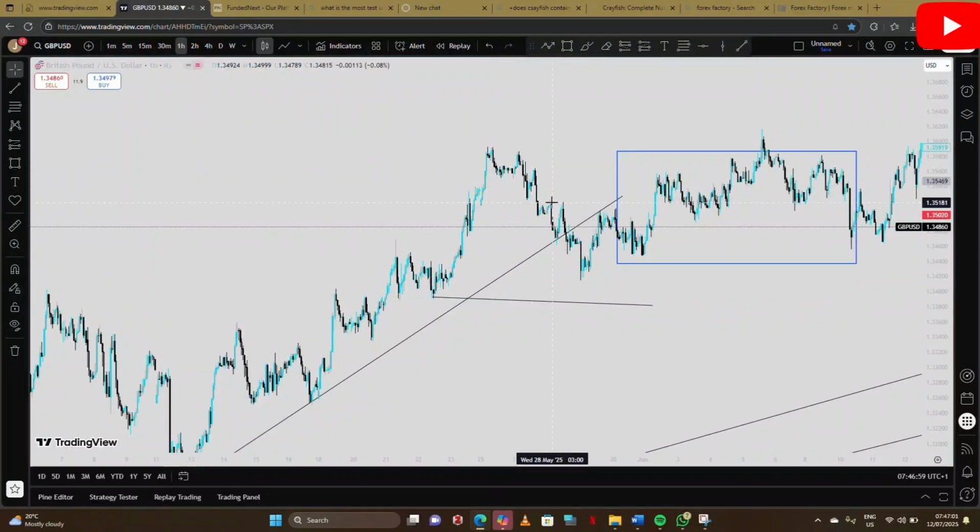If you were selling this market at this position, where the market broke the low, because you think the market is now in a downtrend after retracing your trend line, the market will take you out, because if this was a fake out, this position here was a fake out.